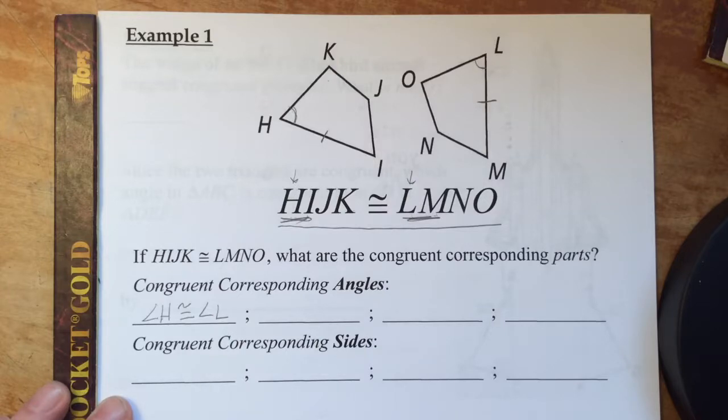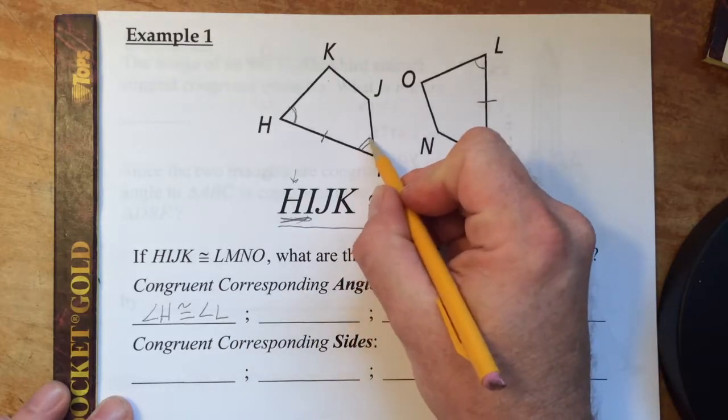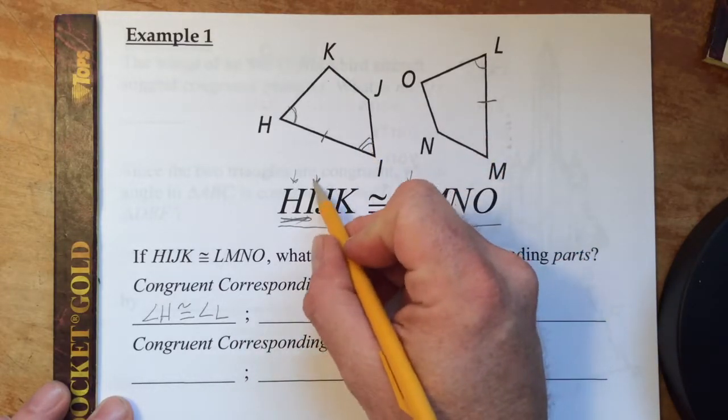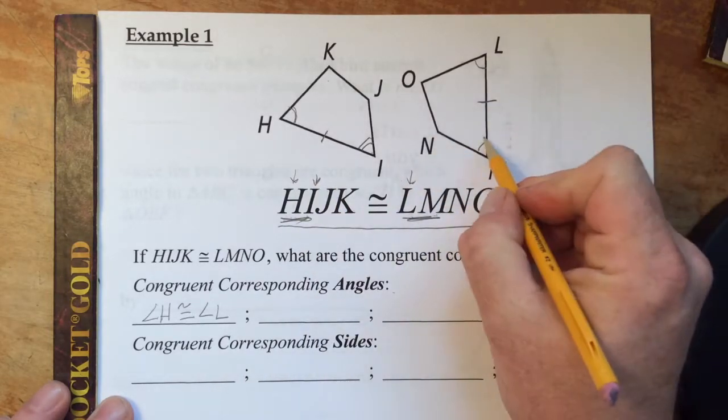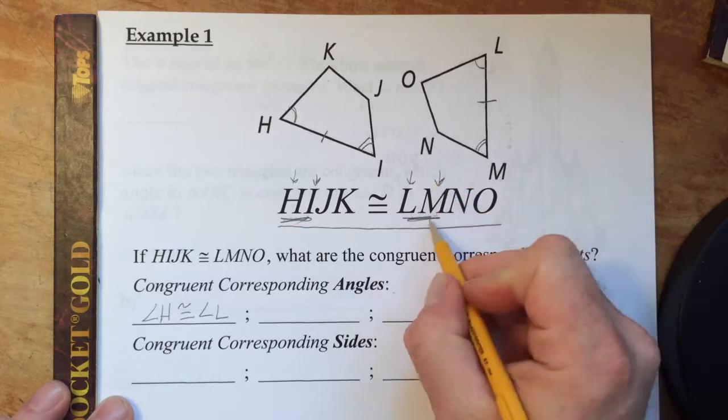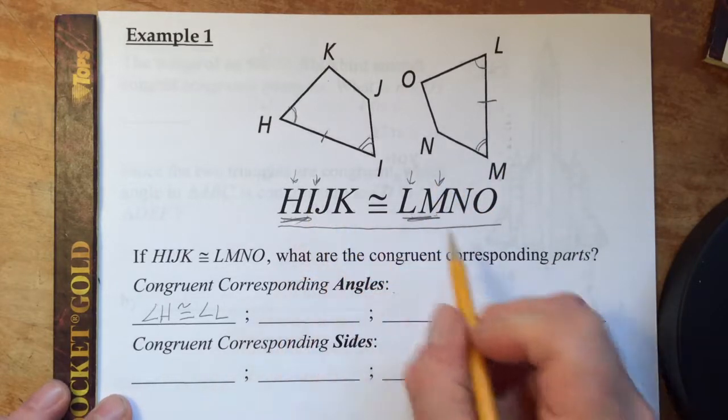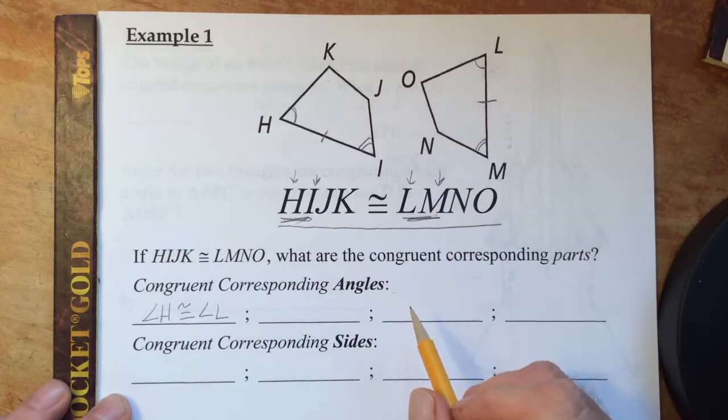Then we go on to angle I. Angle I is congruent to angle M, because it comes second in the listings of both quadrilaterals.